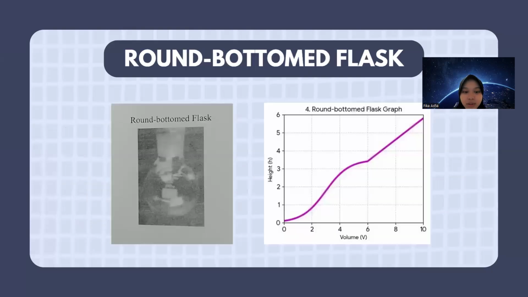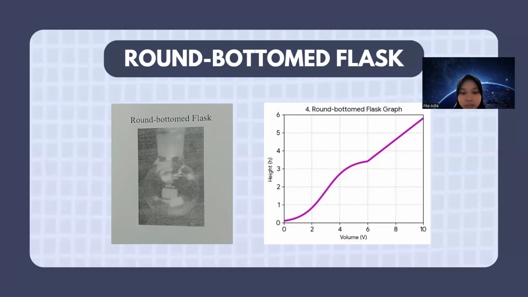Next, fourth is the round-bottom flask. The main body is a sphere. So the width starts small, expands to a maximum in the middle, and then narrows again as it reaches the neck.